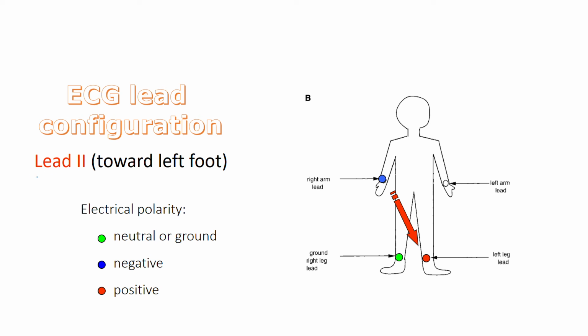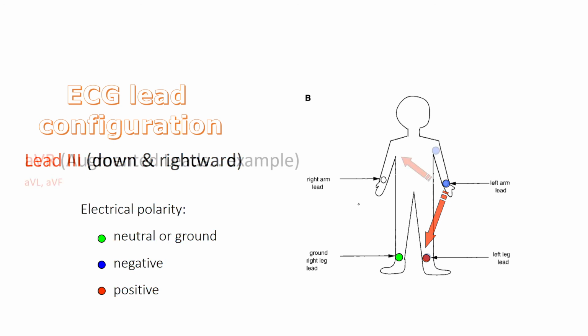This is the lead 2 configuration. Lead 3 is now down and rightward. In this case, we measure the potential difference between the left arm lead and the left leg lead. So this is the lead 3 configuration.